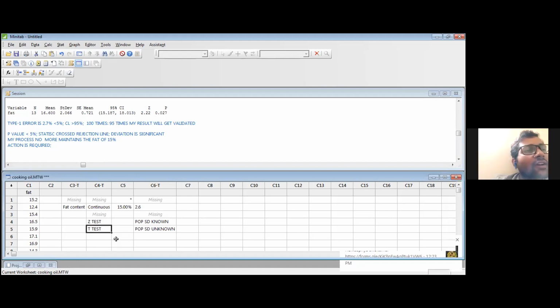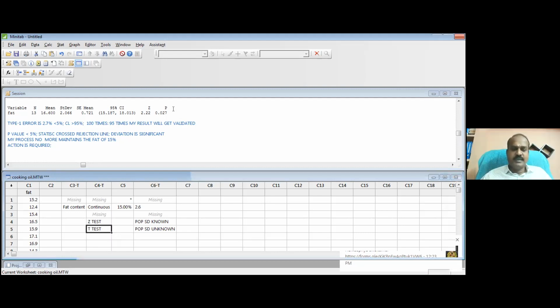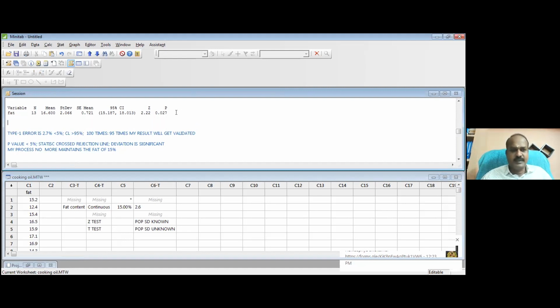Sir, using the p-value, how did you conclude that it is a type 1 error? The p-value is the chance for the Z-score to go above 2.22. The definition of p-value is nothing but the probability of your Z going above 2.22.